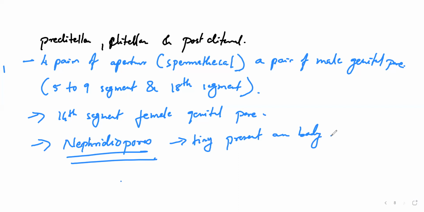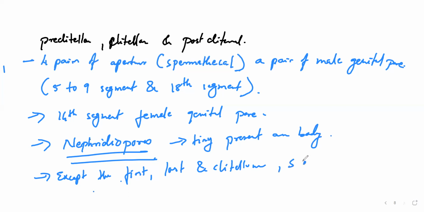Apart from the clitellum, the male and female genital openings and the nephridiopores, there are certain things which help in locomotion, so that it can move from one place to another. Except the first, the last, and the clitellum, the other segments have something called setae.